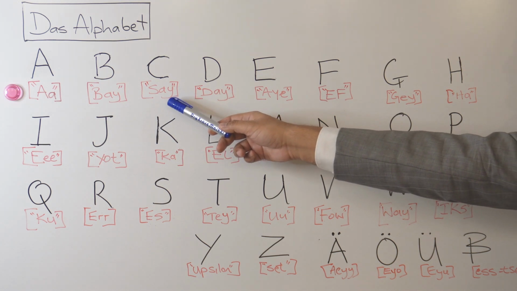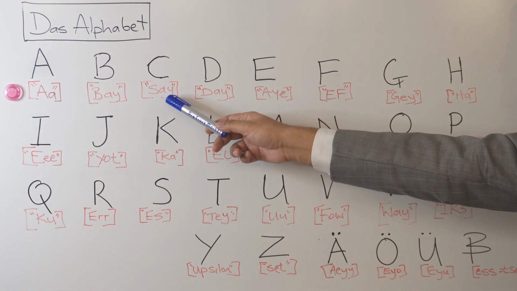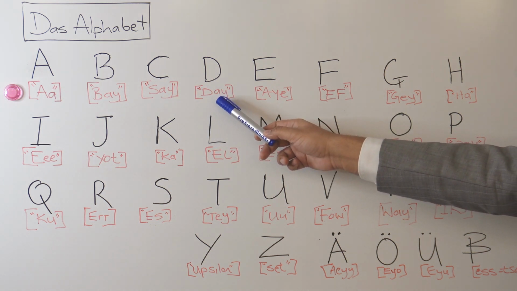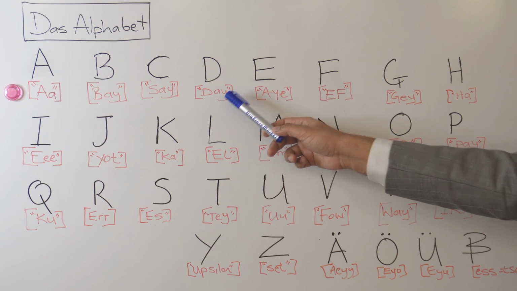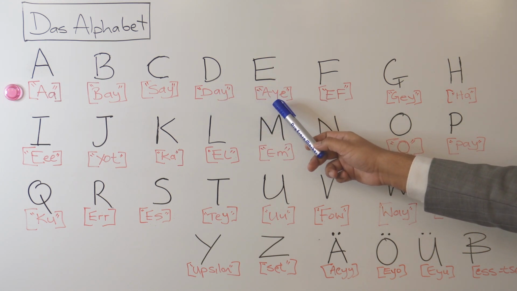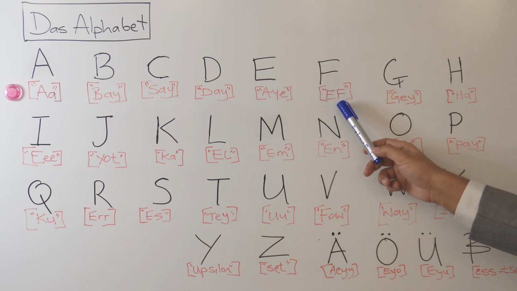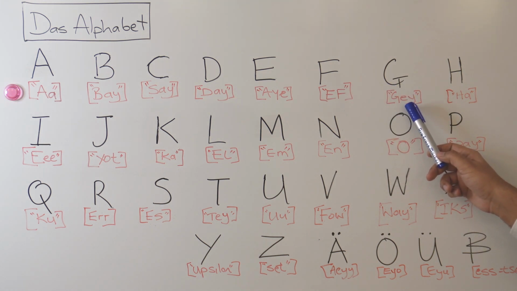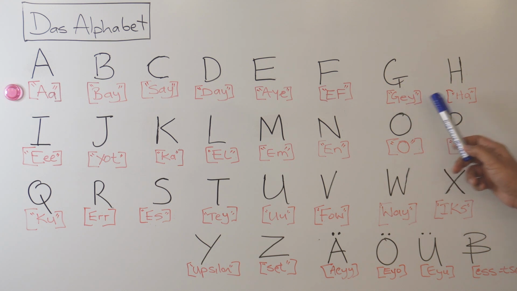C is said as "say", just like S-A-Y in English, say. D is said as day, day. E as A, A. F, F. And G is pronounced as gay in German, gay.